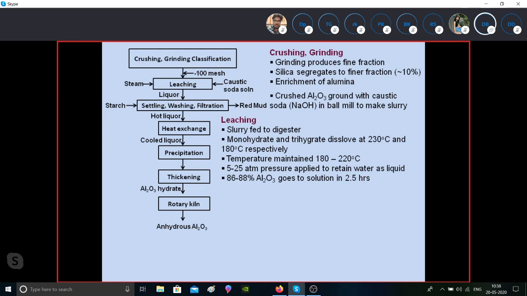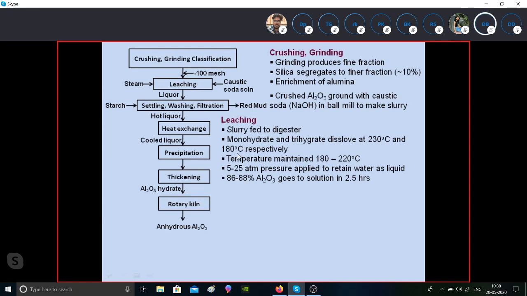So we make a compromise between these two, as my bauxite is a mixture of the two. The temperature of the unit, the autoclave, is maintained somewhere around 180 to 220 degrees.